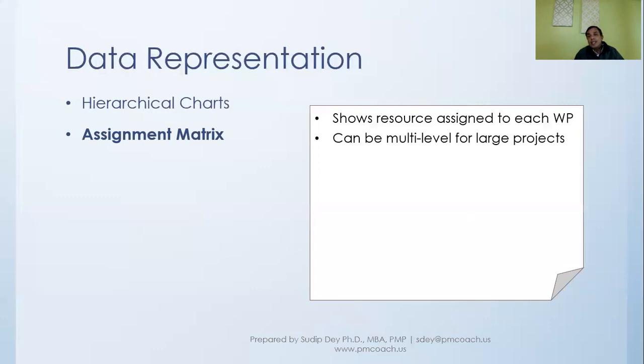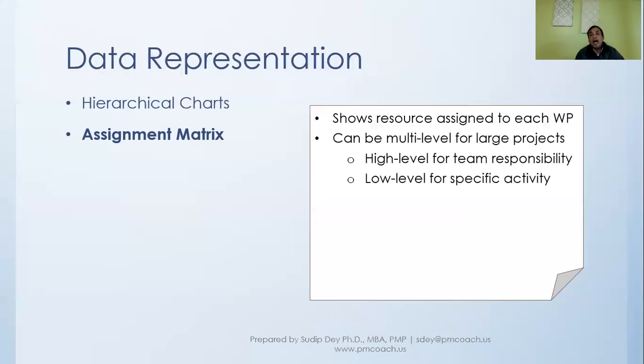For large projects, this assignment matrix can have multiple levels. For example, there can be an assignment for each of the teams, and then there can be specific assignments for each of the members. So there can be a high-level assignment for team responsibility and a low-level assignment for specific activities for individual members.